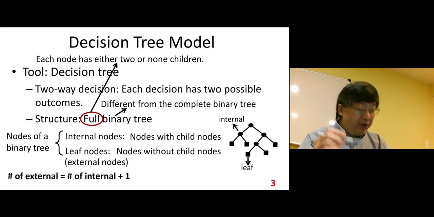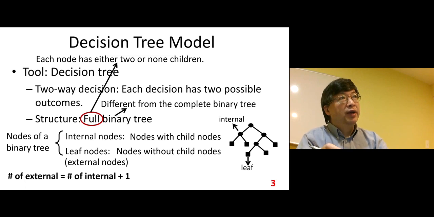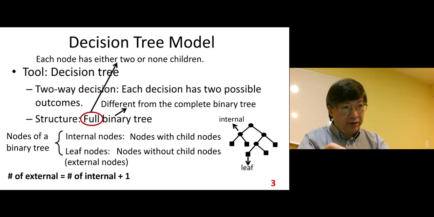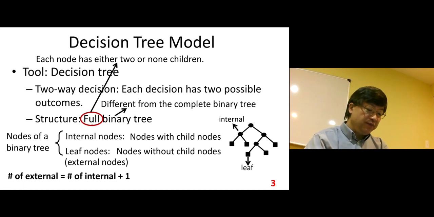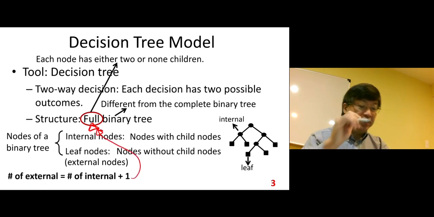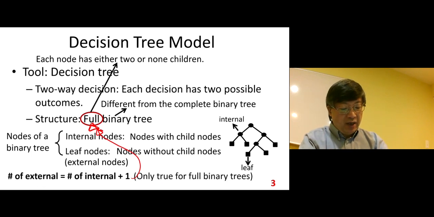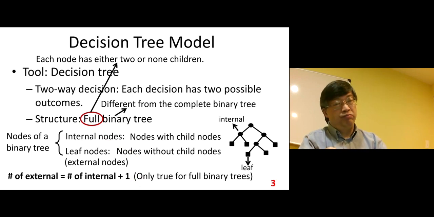But there is an important property between the number of external nodes and internal nodes for a full binary tree. This property is only true for a full binary tree. For an arbitrary non-full binary tree, it may not be true.